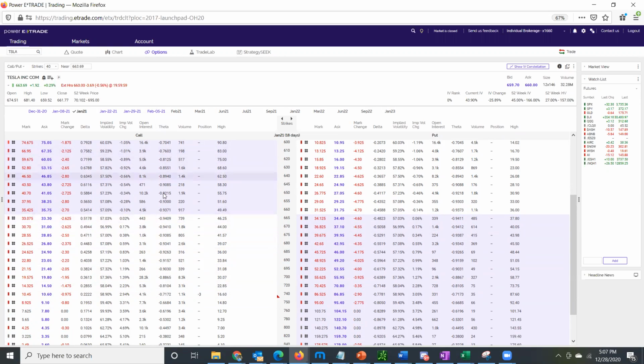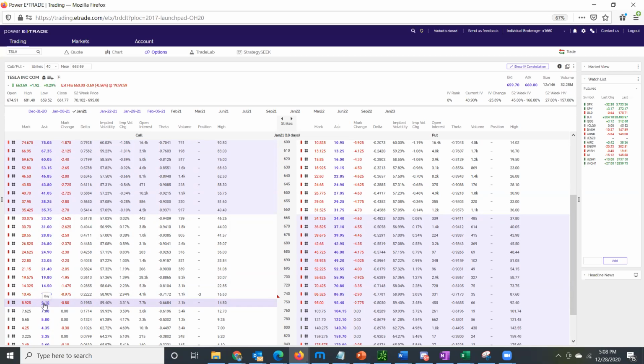So did you get the concept of a covered call? You have 100 shares, you can sell 1 call. Suppose with Tesla you have 100 shares, you bought at 650. Now Tesla is trading at 660. You say you are targeting 740 or 750, so you sell the 740 or 750 call. That means you receive this $900 into your pocket. If Tesla doesn't reach 750, you keep the 900.